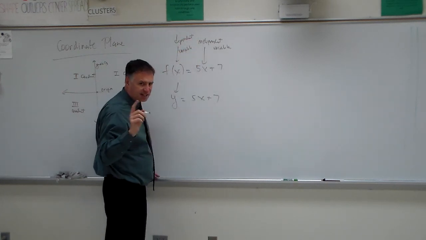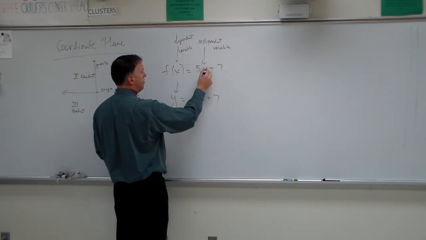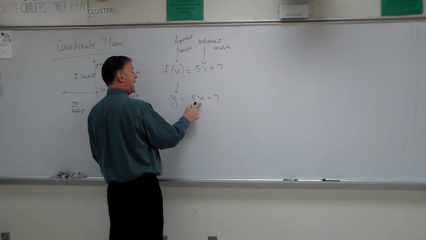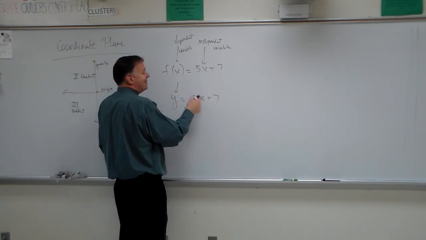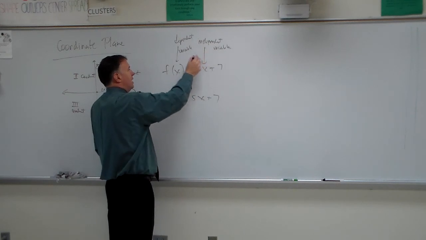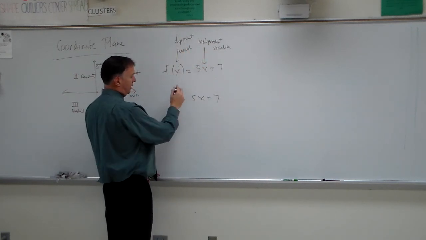The reason is you can plug in any x that you want. Whatever you get for y depends on what you plug in for x. That's why they call this the independent variable and this the dependent variable.